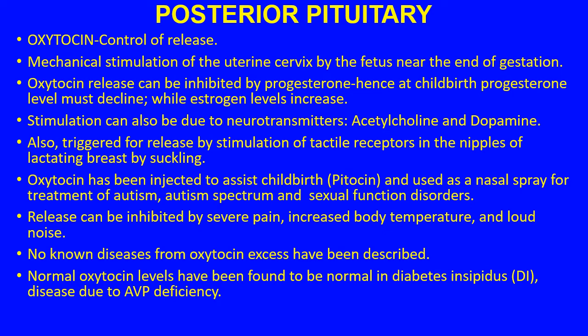They have to decline, even though estrogen levels are continuing to stay up there and increase and stay at a present level. Now, stimulation can also be due to the neurotransmitters acetylcholine and dopamine. And also, as I mentioned before, when we talk about triggered for release by stimulation of the tactile receptors of the nipples of the lactating breasts by suckling.